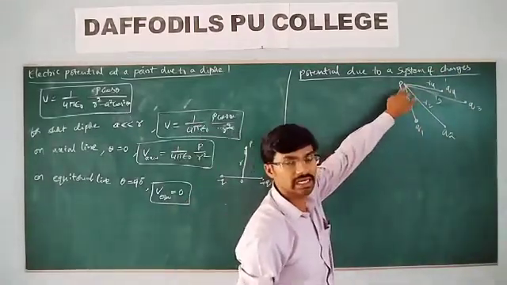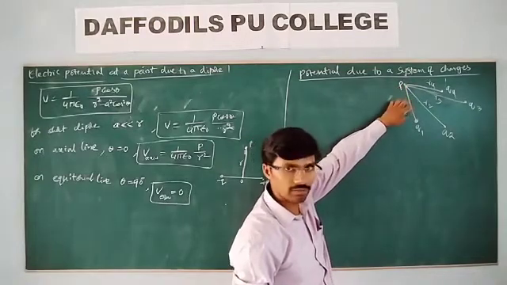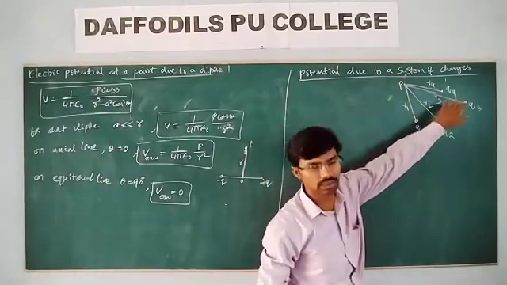Now the total potential at this point is the sum of the potentials due to the individual charges.